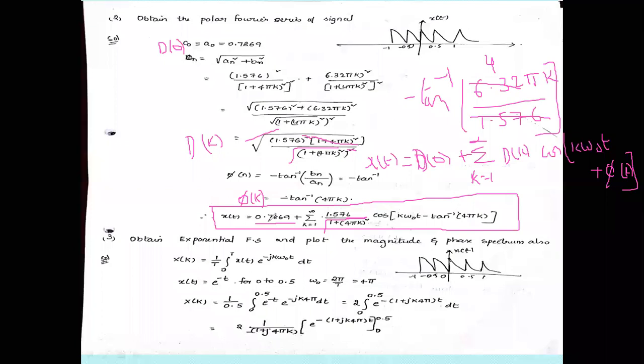So x of t is equal to 0.7869 plus the sum of k equal to 1 to infinity of 1.576 whole divided by the square root of 1 plus 4 pi k squared, cos of k omega naught t minus tan inverse 4 pi k. It is somewhat difficult to understand, my dear students, when I am teaching.